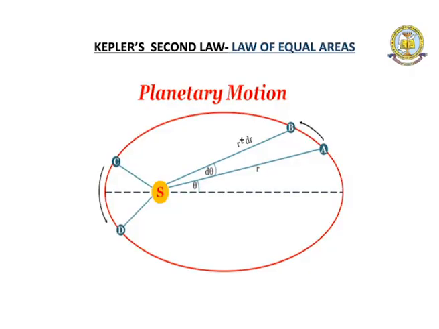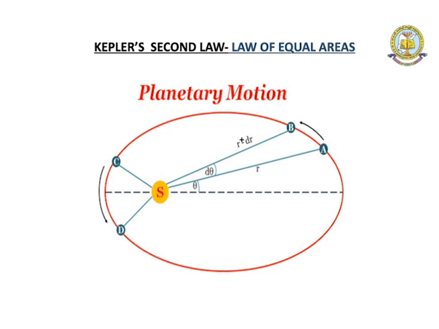Here, in one day or one month, this elliptical planet is revolving around the sun, which is at one of the foci. When the planet revolves, in one month or one day, for example A to B is covered in one day, sweeping this area, and another planet is revolving from C to D. This also covers this area in one day.